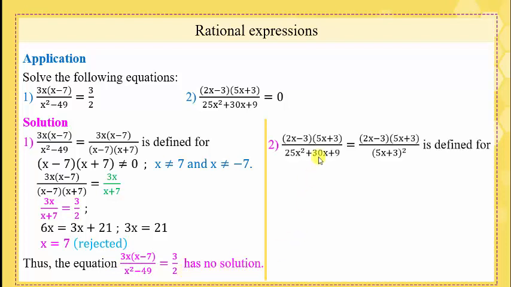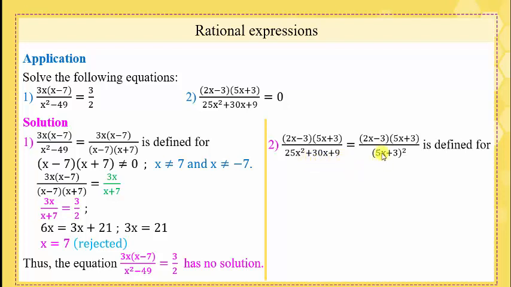Part 2. In the numerator we have a product between two factors, so it is written in the factored form. But in the denominator we have 25x squared plus 30x plus 9. It can be written as (5x) perfect square plus 2 times 5x times 3 plus 3 squared.